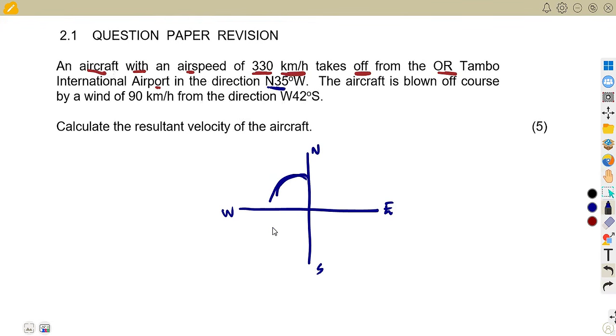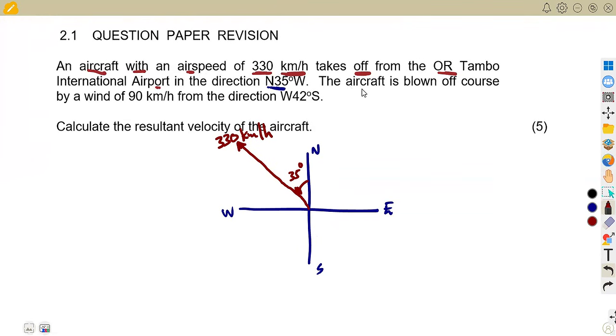From north to the west, the direction is supposed to be facing west at an angle of what? 35. So it's somewhere here. All right. This is our aircraft, north to the west at an angle of 35 degrees. And this is the speed, which is the velocity, 330 kilometers per hour. Okay, that's our velocity, which is our airspeed, I mean.